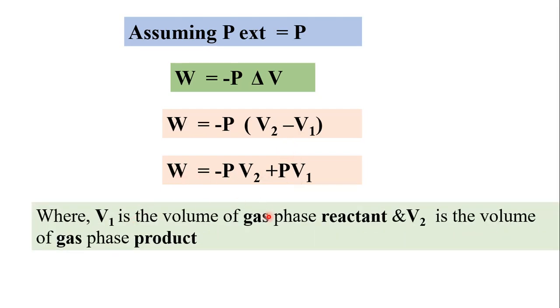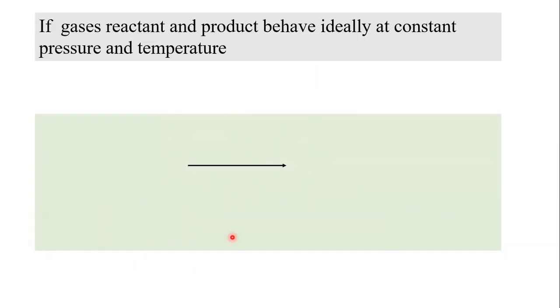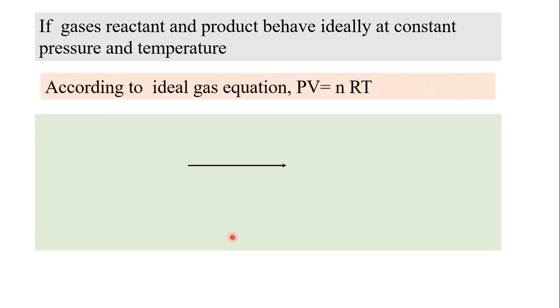Here V1 is the volume of the gaseous reactant and V2 is the volume of the gaseous product. Now if these gaseous reactant and product behave ideally at constant pressure and temperature, then according to the ideal gas equation, PV is equal to nRT.